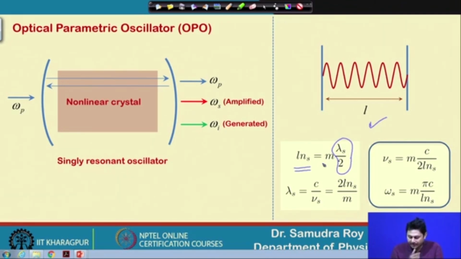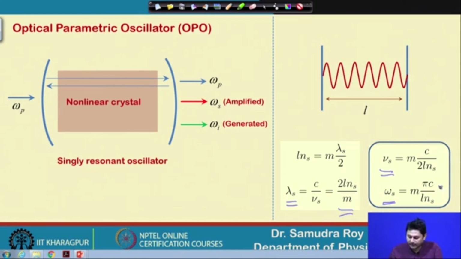So, now if I consider this term, then we can find lambda s, the oscillating modes, which is a function of m, and can be replaced by 2 n_s L divided by m. From this we can also find the corresponding frequency from the wavelength to frequency conversion, and finally from the frequency we can find the angular frequency omega s.